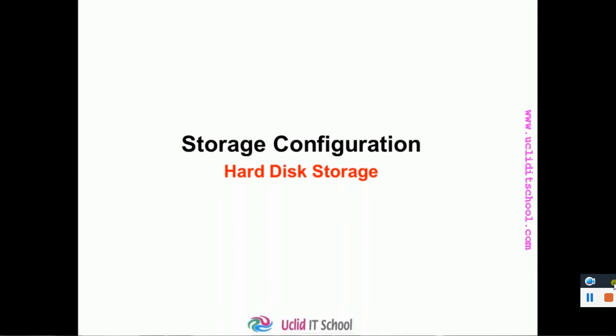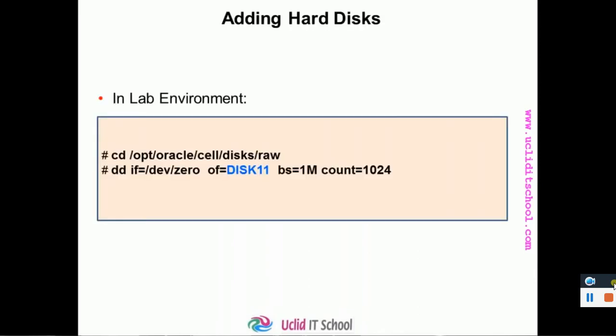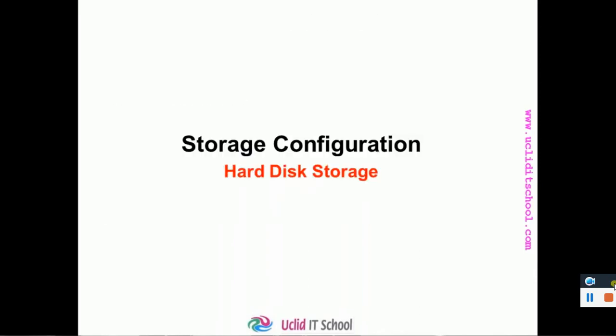So what we will do is, in the lab environment, you have 3 storage servers, right? And on each storage server, I have added 4 hard disks and 2 flash disks, and created cell disks on all of them and created grid disks.